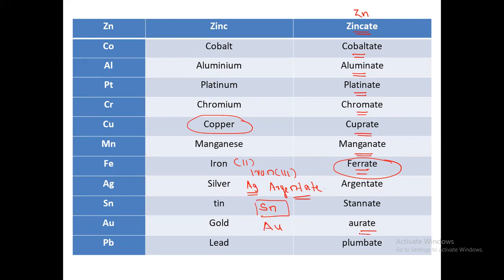So aurate. For lead, it's Pb, plumbum, becomes plumbate. So for most of the metals, we use their Latin names with ate. Iron is ferrate, silver is argentate, tin is stannate, gold is aurate, lead is plumbate. These are the important changes in the names of metals when they are part of a negative complex. Okay, hope it is clear.